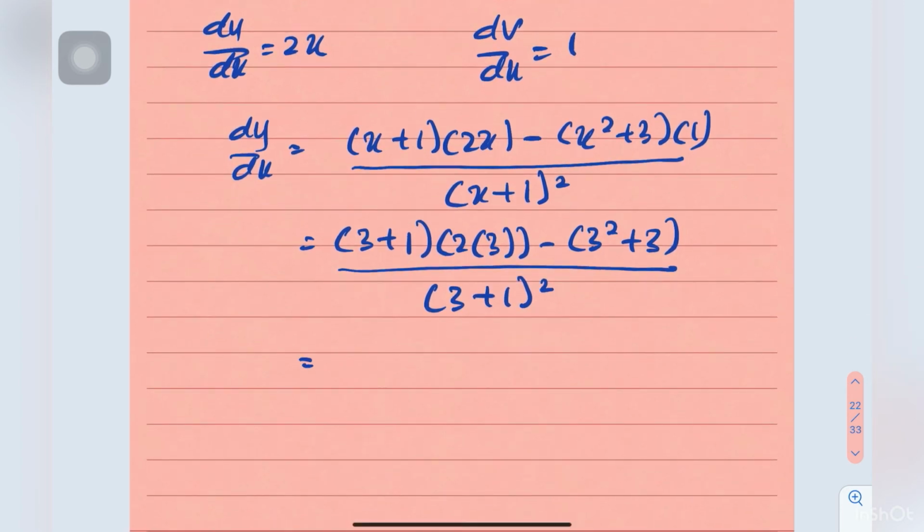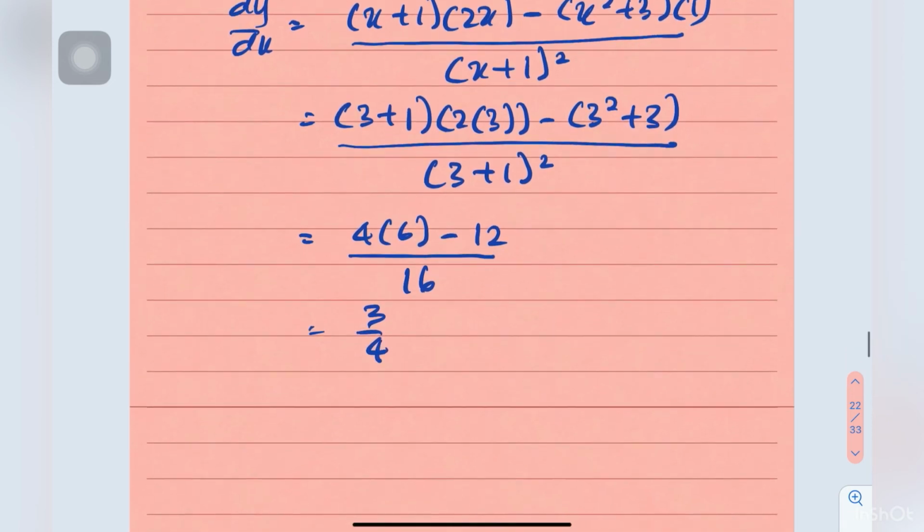Here I have 4 times 6 is 24, minus 12, over 16. So 12 over 16, 3 over 4. So this is gradient of tangent.